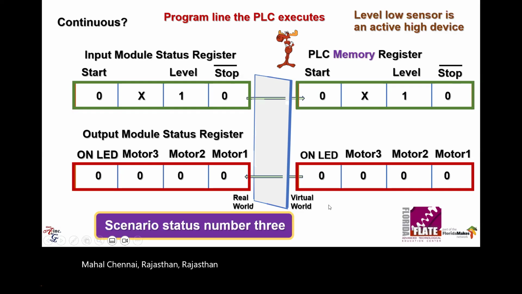So here's scenario, status number 3. Let's see what we can do. Here's the information. Remember, the X means don't worry about it. It doesn't mean anything to this story. The stop, active or passive? Hopefully it's popping in. The stop is active now.